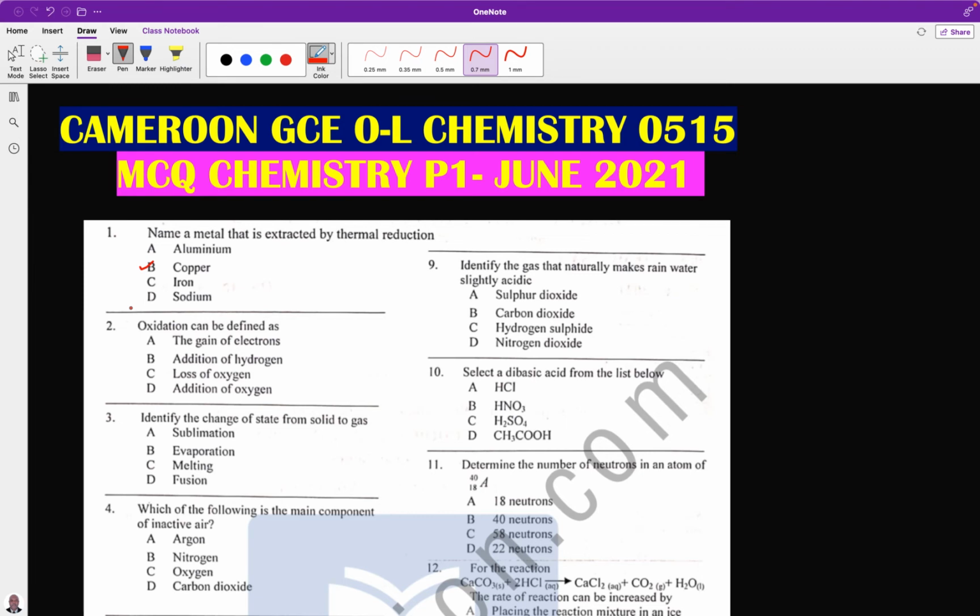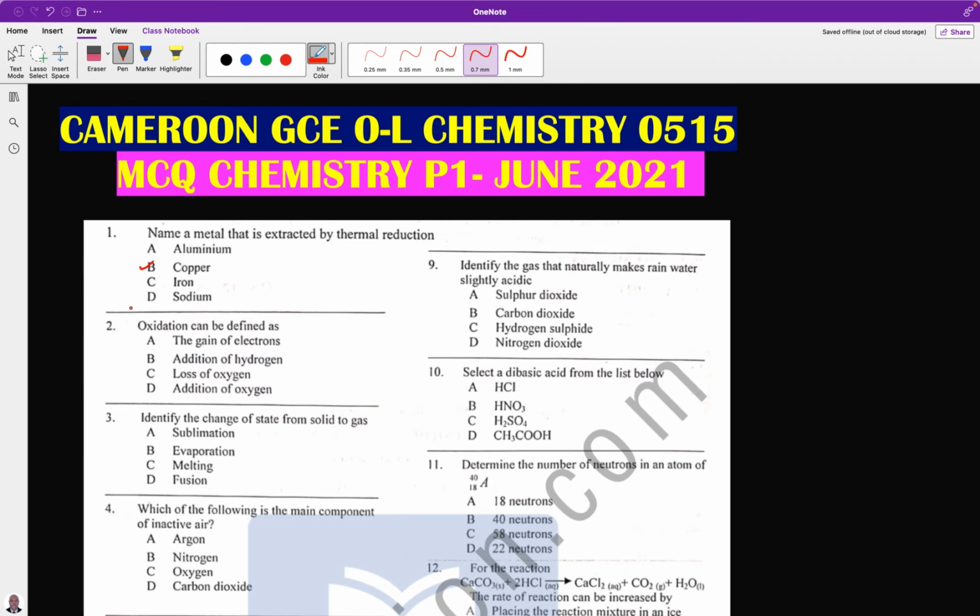Question 2. Oxidation can be defined as A. The gain of electron. B. Addition of hydrogen. C. Loss of oxygen. D. Addition of oxygen.